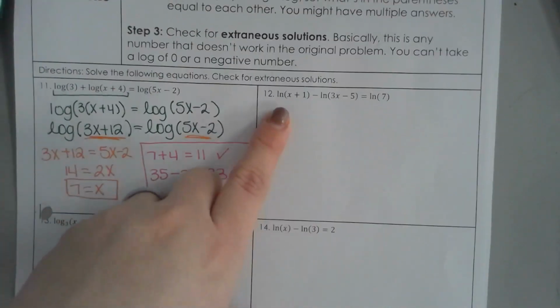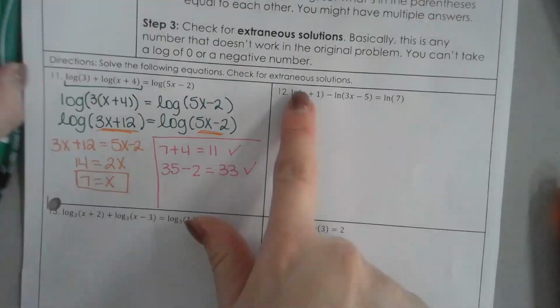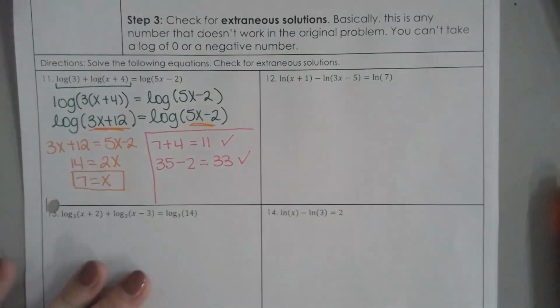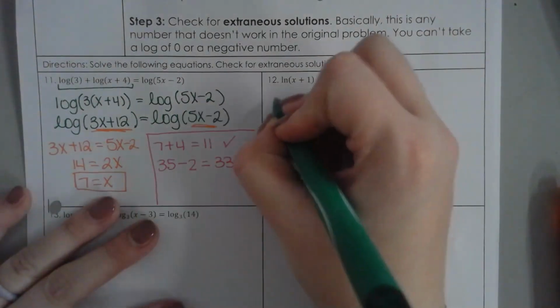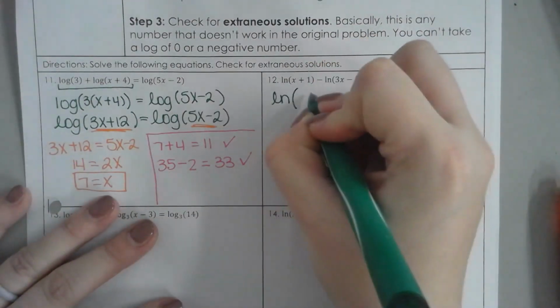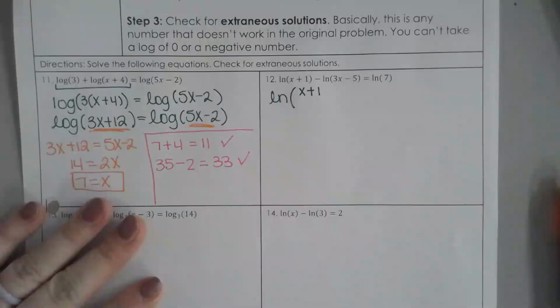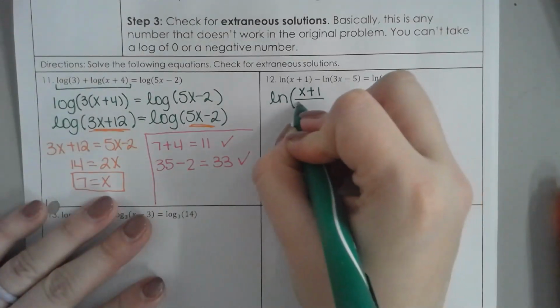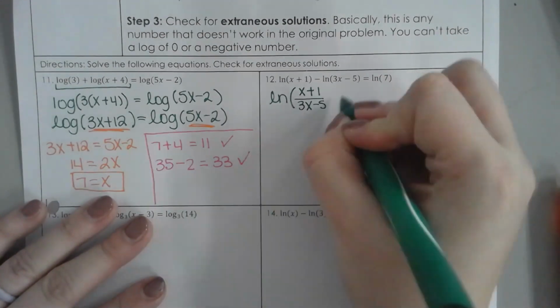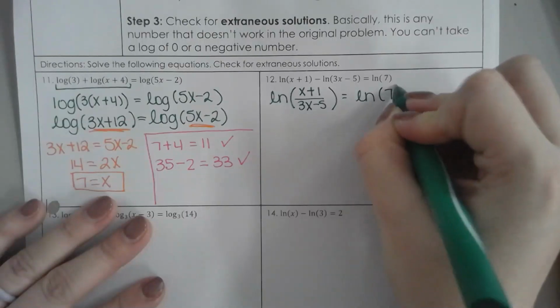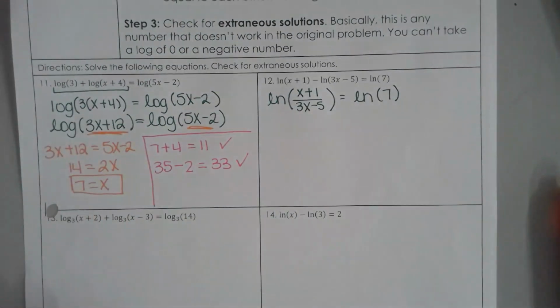So first of all, let's condense this side. This would be natural log of x plus 1 over 3x minus 5 equals natural log of 7.